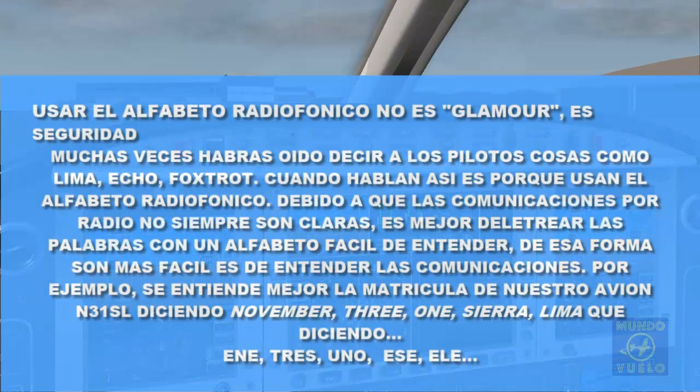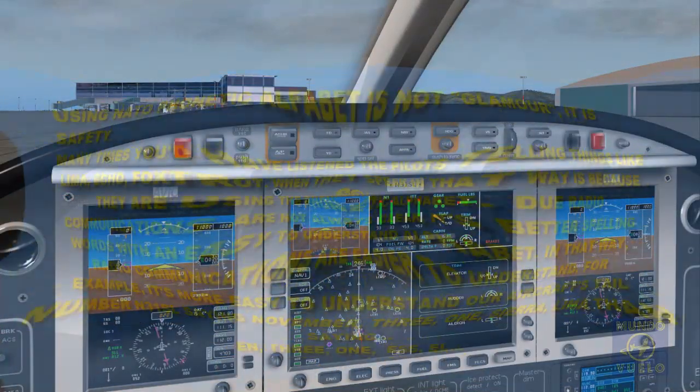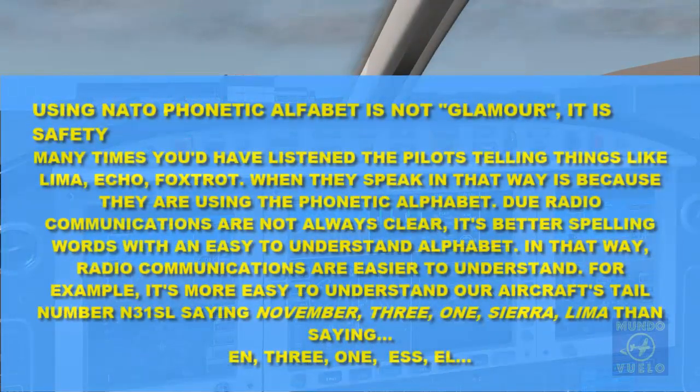Remember that, okay? And the very interesting thing is to use the radiophonic NATO alphabet, because that is not glamour. Pilots are not using that to look more intelligent or anything like that. It's just to make the communications clear, okay? So pilots normally use the NATO phonetic alphabet.